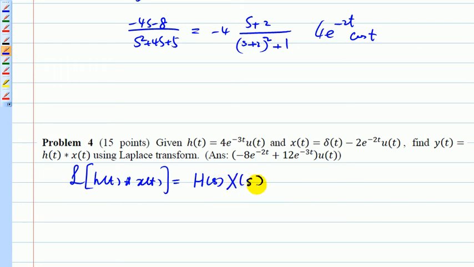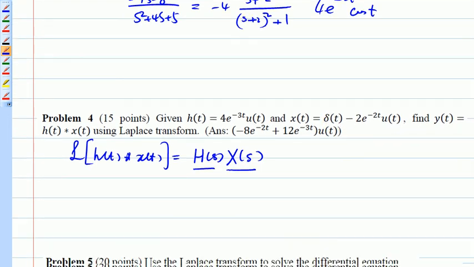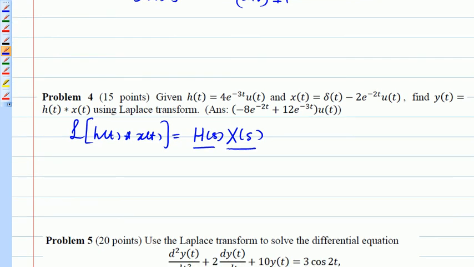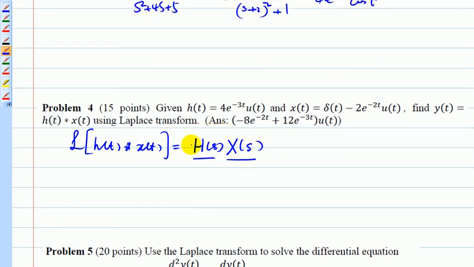So obtain H of s and X of s from here and here by looking at the table. The Laplace transform of delta of t is 1, and then you do the inverse Laplace.